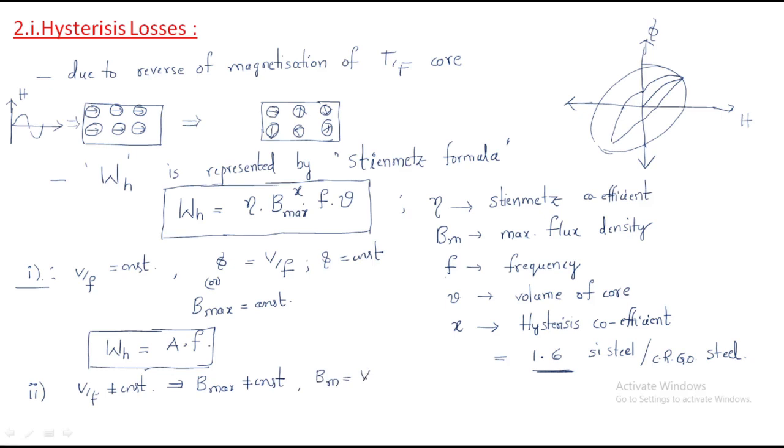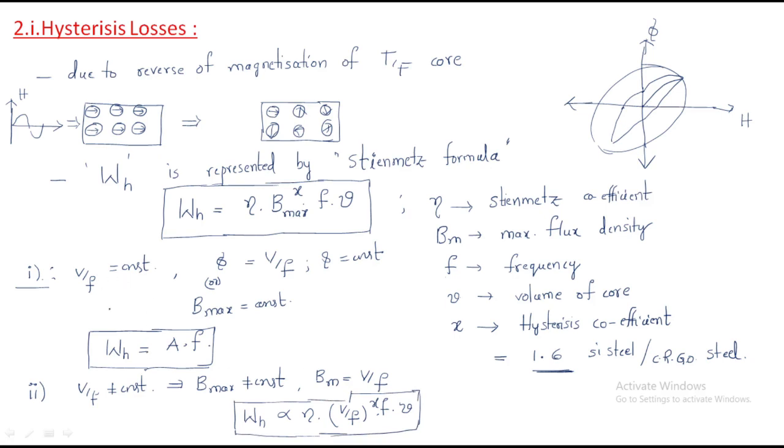Bmax we can write as V by F. Then if you simplify this, hysteresis loss is proportional to neta, and in place of Bmax you can write V by F whole power x, into small f into V. These two conditions are very useful in the problems.